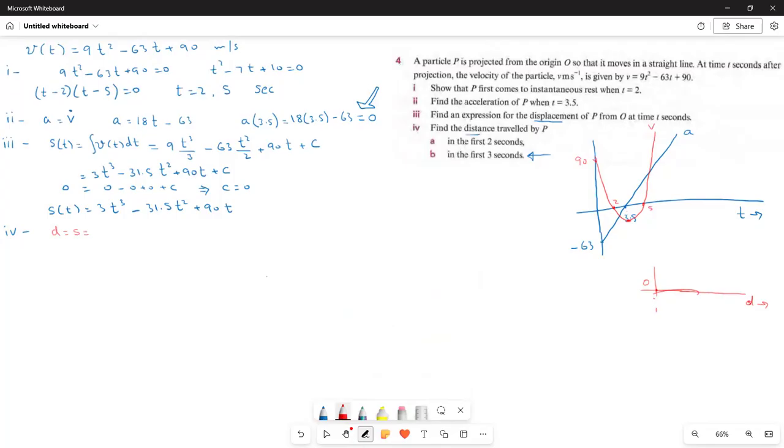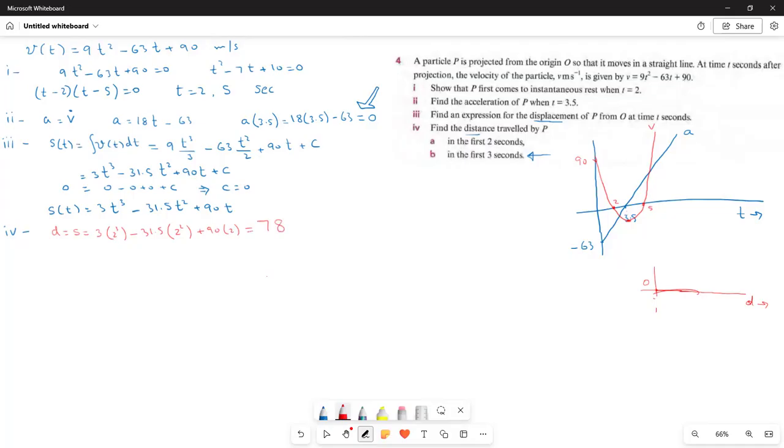So I will use this expression: 3 into 2 power 3 minus 31.5 into 2 square plus 90 into 2. If you work this out, 3 into 8, yes, this comes out to be 78.